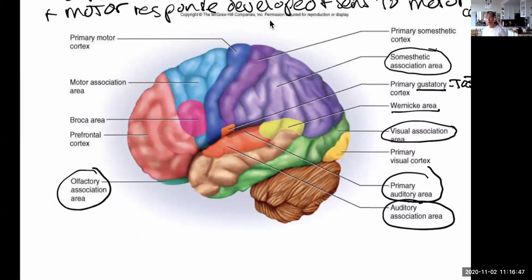The olfactory association area is where your senses of smell come in and are integrated. That's where you can make sense of smells like, yeah, this is a rose and this is not a rose. This is, I don't know, mint. I'd like to talk about Broca's separately. The motor association area is responsible for signals sent to the motor cortex, which will go to the body.